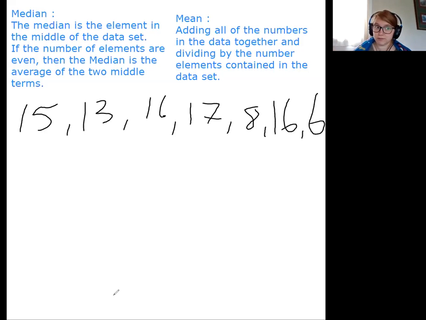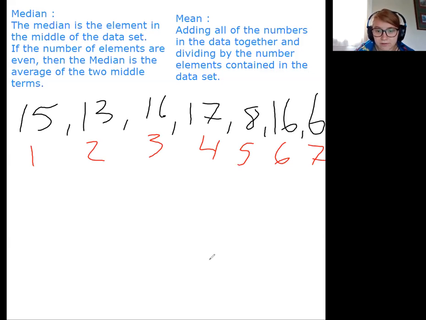All right: 15, 13, 16, 17, 8, 16, 6. Got all the numbers. So we can see that there are 1, 2, 3, 4, 5, 6, 7 numbers. After we add all of those together, we're going to have to divide the answer by 7.